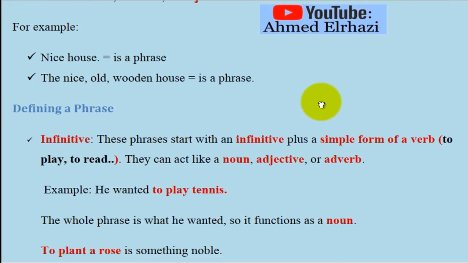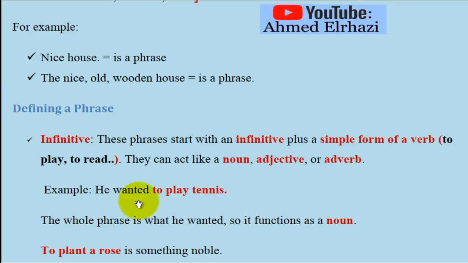Okay. Defining a phrase. عندي أولا infinitive. Infinitive phrases هما phrases that start with an infinitive, الverb infinitive بصرف ما والو, plus a simple form of a verb بحالاش example عندي to play, to read, to eat, to sleep, to dance, etc. They can act like a noun, an adjective or an adverb. نفس الشيء.